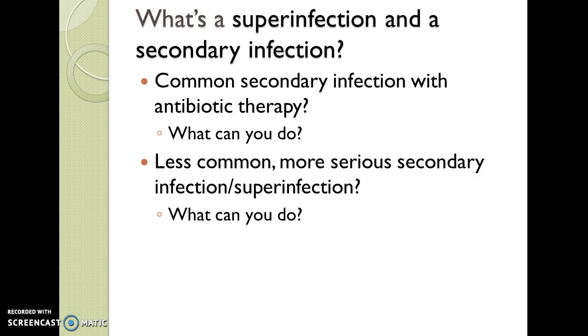So a fairly common one that you probably are familiar with, may have even had happen to you if you're female particularly, might be a yeast infection or candida overgrowth in the vaginal tract secondary to antibiotic use.